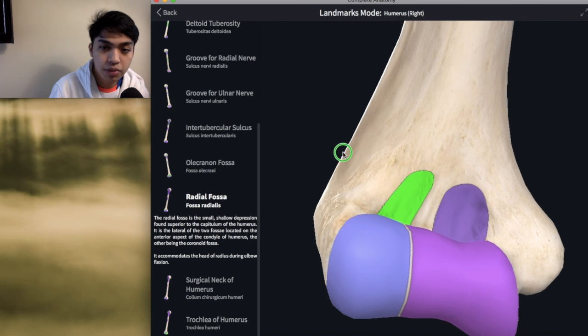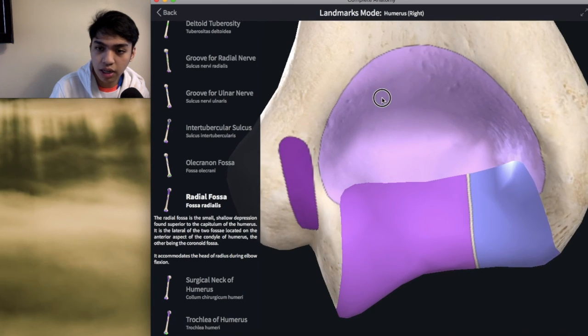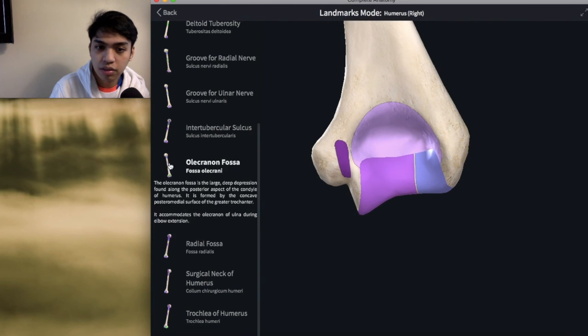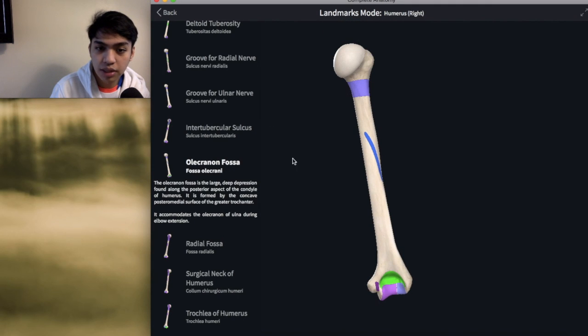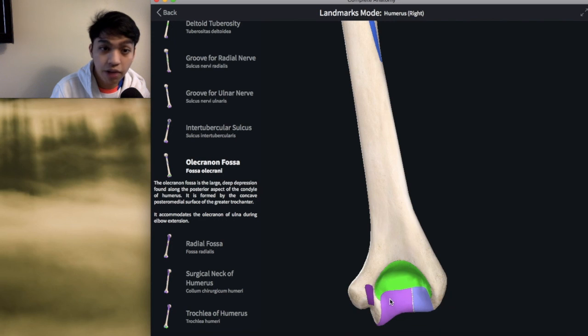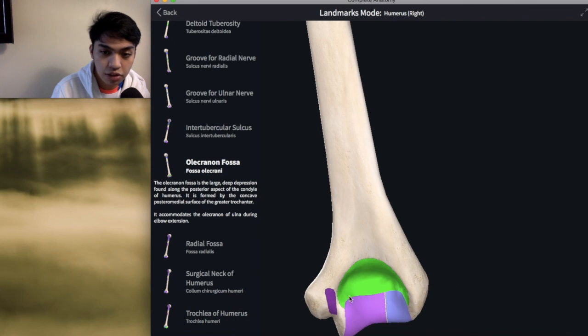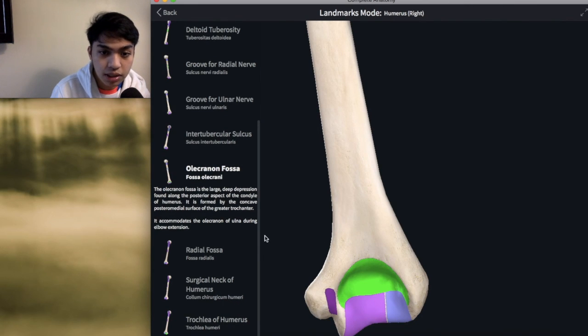And then in the posterior portion naman, we also have the olecranon fossa. It is the large deep depression in the posterior aspect of the distal humerus, formed by the concave posteromedial surface. It accommodates the olecranon of the ulna during elbow extension naman.